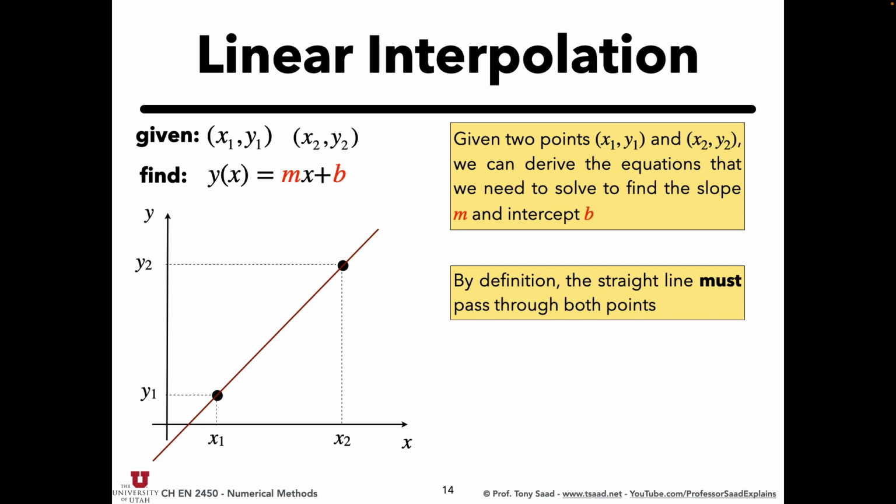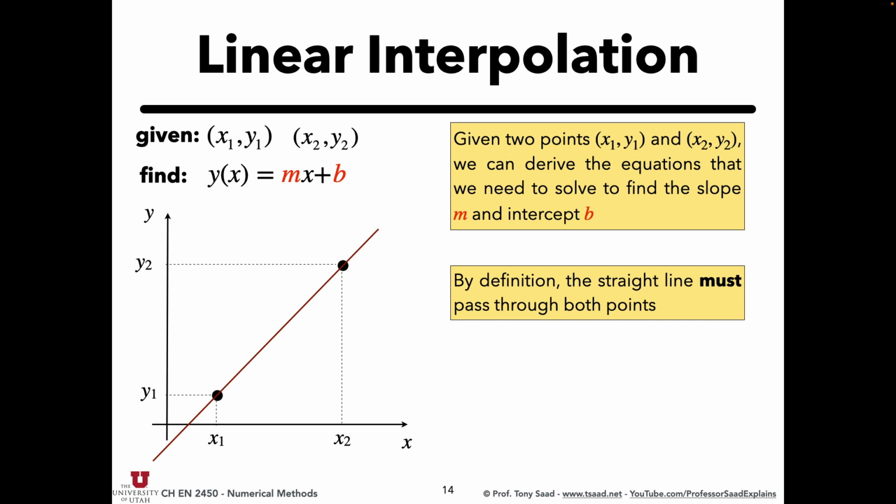So given 2 points, x1, y1 and x2, y2, we can derive the equations that we need to solve to find the slope m and the intercept b. And by definition, the straight line must pass through those points. That's the definition of interpolation.